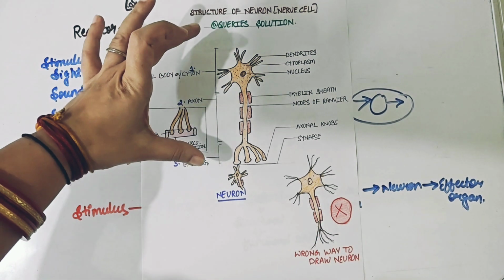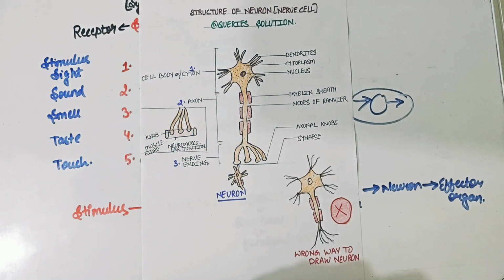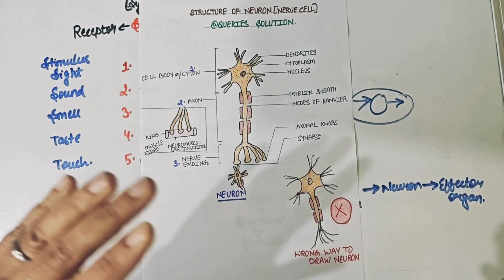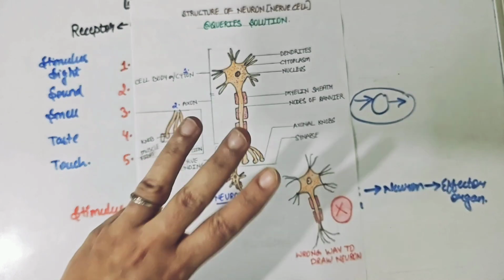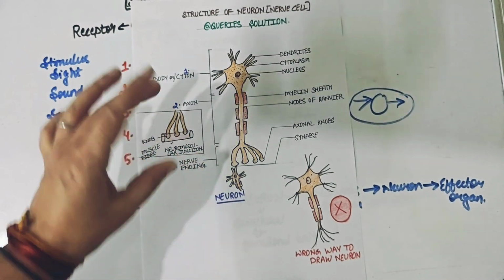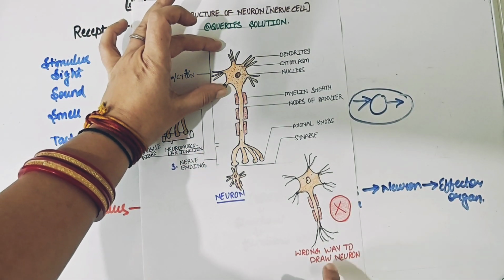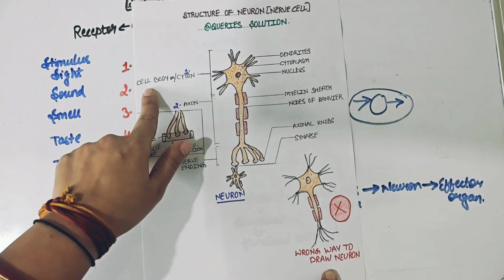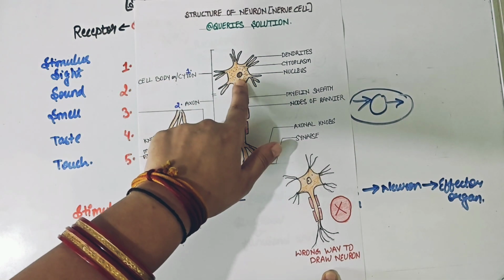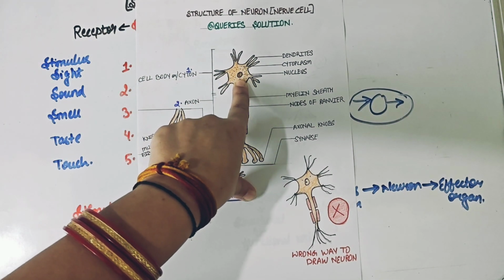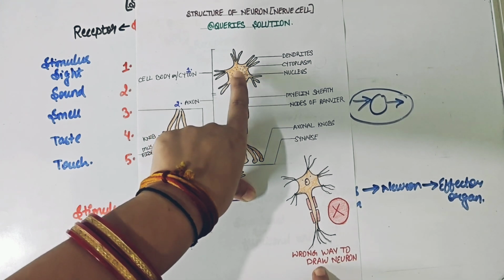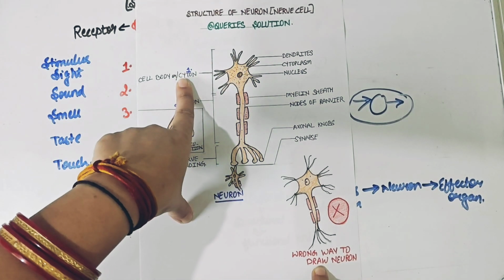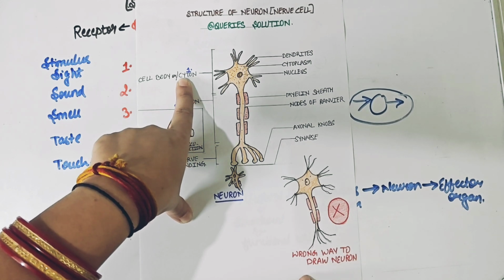So let us understand the different parts of a neuron. Whenever we talk about a neuron, there are three important structures that we need to know. The first important part over here is known as a cyton or a cell body, and this part mainly consists of the nucleus, which is a very important structure whenever we talk about any cell in our body, right? So the nucleus is present in the cyton region of the neuron, so you should be aware of that.